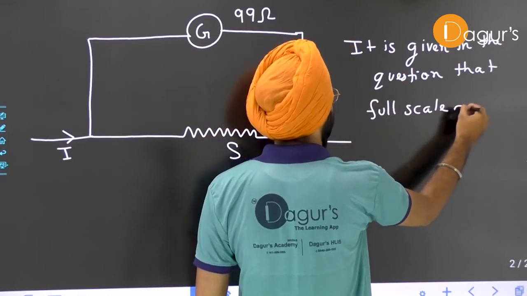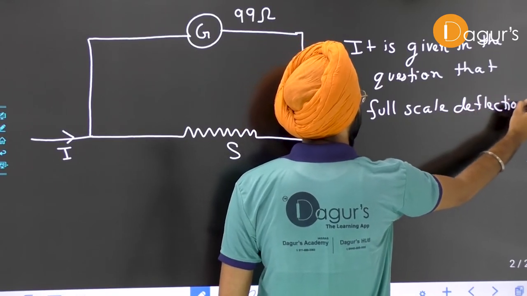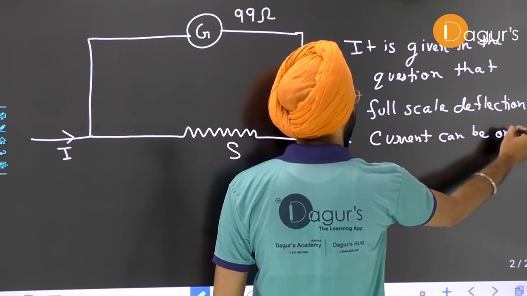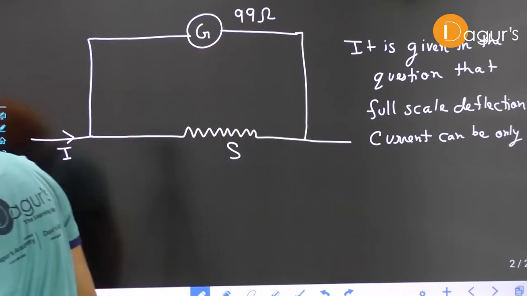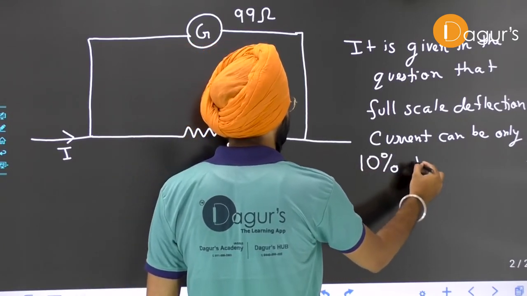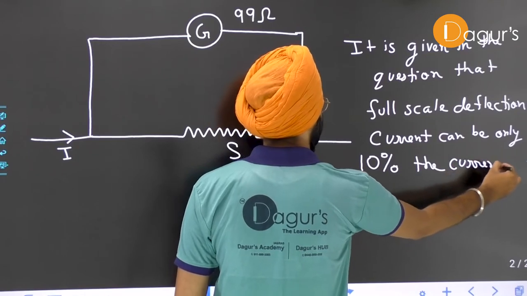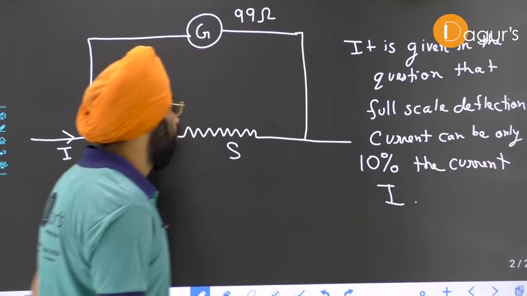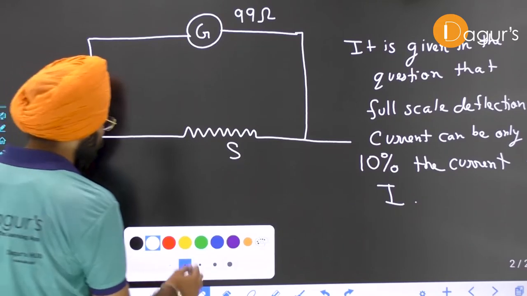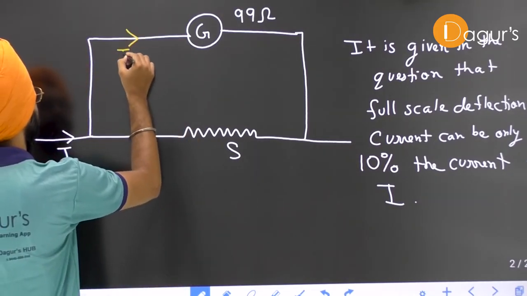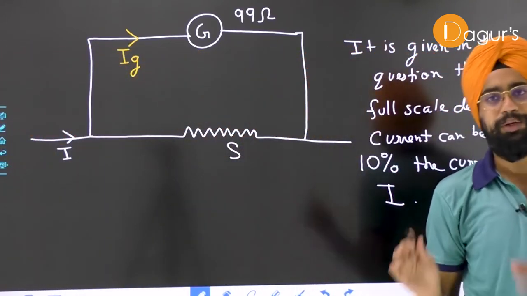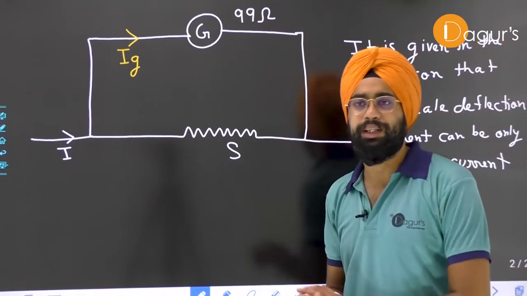the full scale deflection current can be only 10% of the current I. Whatever the current entering, the full scale deflection current, which is the current passing through the galvanometer, can only be 10% of this main current which is entering the ammeter.